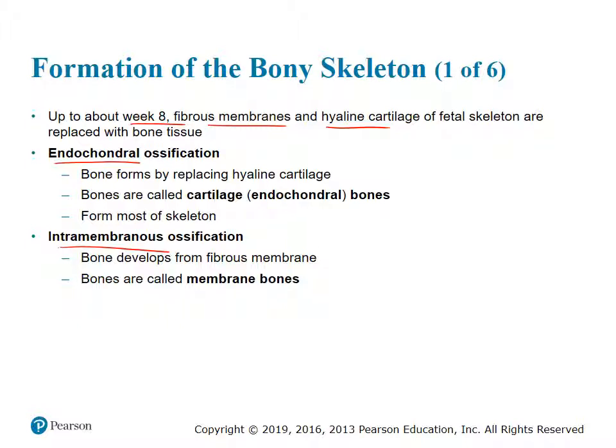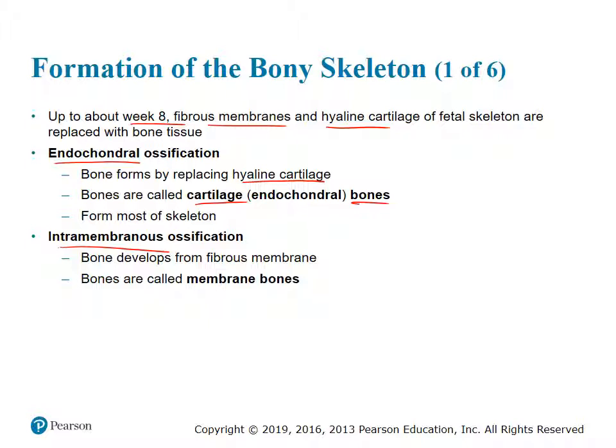In endochondral ossification, bone forms by replacing the hyaline cartilage that was originally formed, and we call these cartilage bones. Most of your skeleton is endochondral bone, whereas it replaces the cartilage.